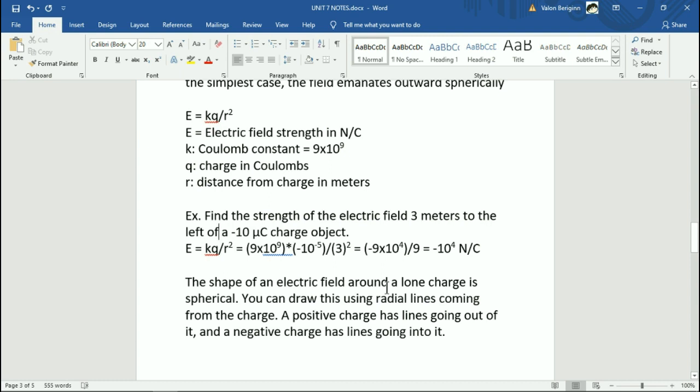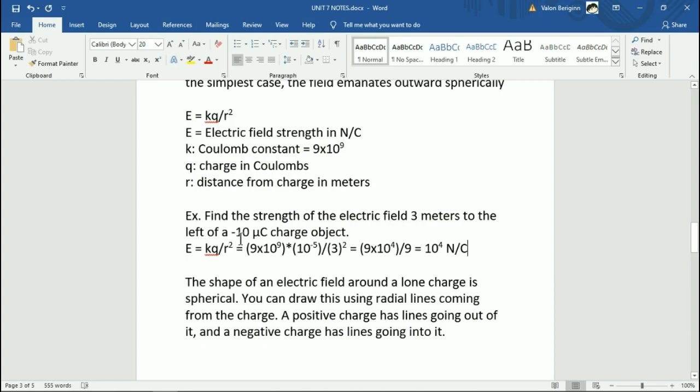When we solve a question like this, what you should really do first is just ignore the negative. Just ignore the negative in the charge. So we don't have that, we don't have that, and we don't have that. That's our strength of our field. Then it's best to draw this out. It's hard to do on a computer, but if you have this on a piece of paper, think, what does the field from this charged object look like?